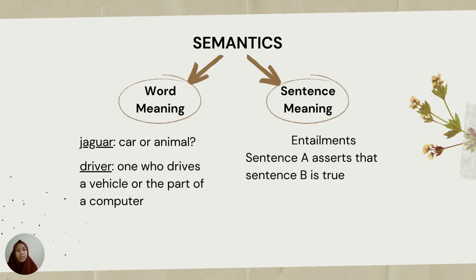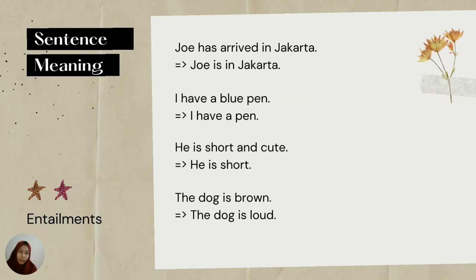Essentially, a sentence A asserts that another sentence B is true. So, given some sentence, you can make another statement about the sentence.